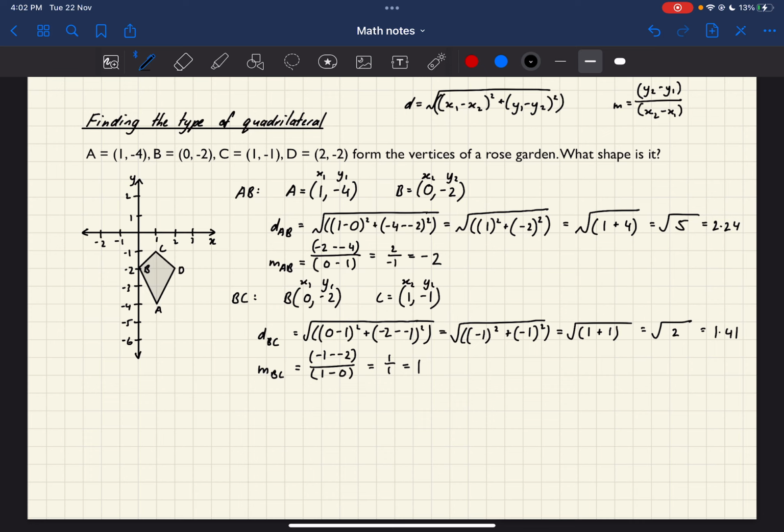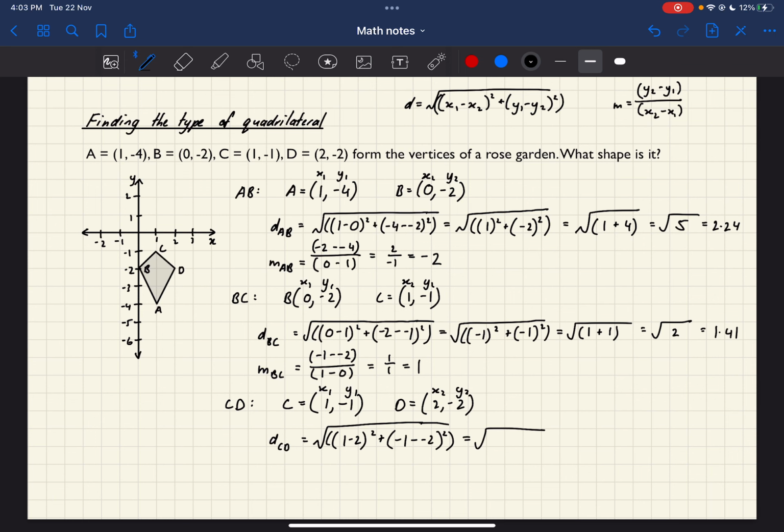Then we've got our next line, so CD, C equaling (1, -1), D equaling (2, -2), x1, y1, x2, y2, where the distance of CD equals the square root of (x1 minus x2) squared plus (y1 minus y2) squared.